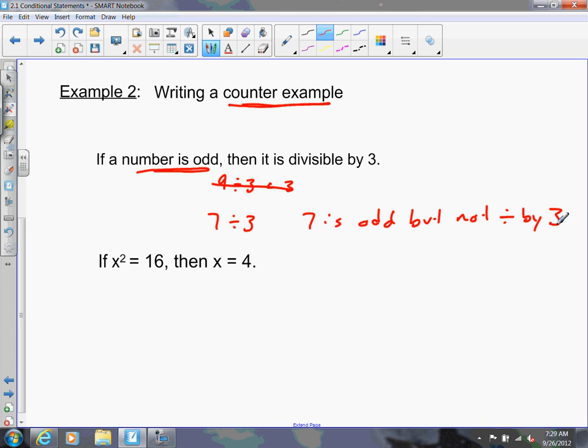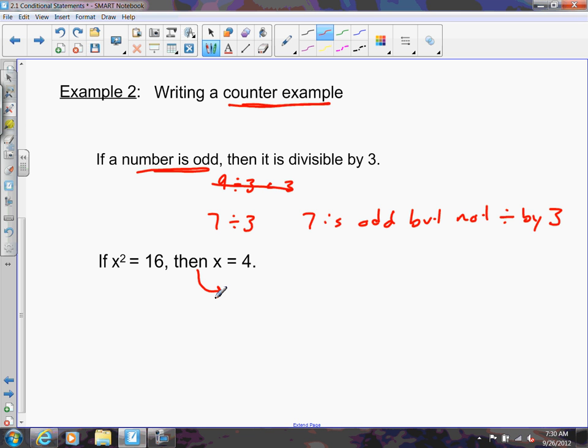Okay. Here's another one. If x squared equals 16, then x equals 4. A lot of people would look at that and say, well, x could be 4. 4 squared is 16. That seems like a true statement. But is there anything else? Does it have to be x equals 4, or could I conclude something else?